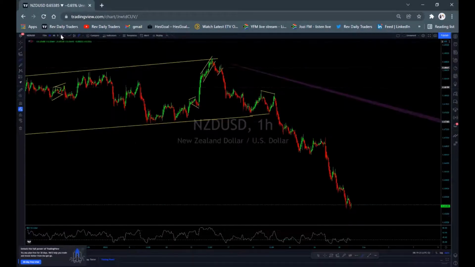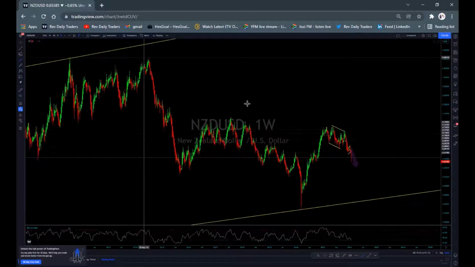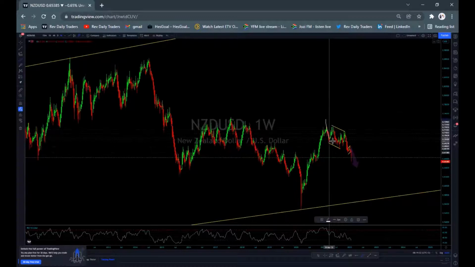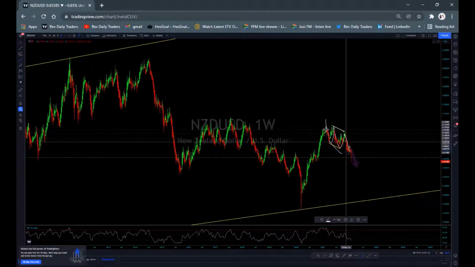NZDUSD. On NZDUSD, what we're expecting on a bigger time frame. Right, on bigger time frame, we are in an impulse here, 1, 2, 3. That's our running flag. Then we're still downside. This impulse did complete this impulse length.